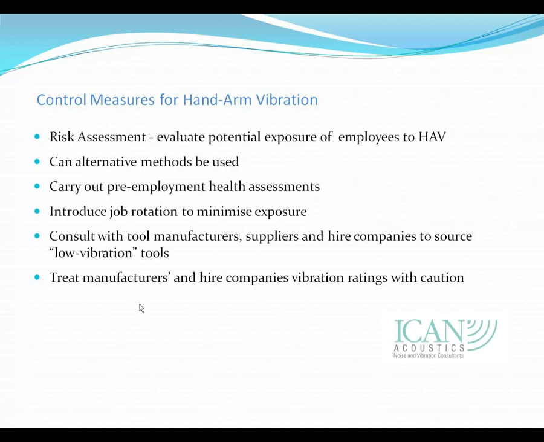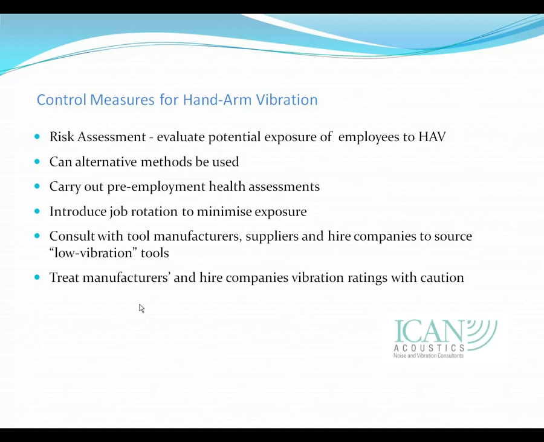This is an important note. You need to be careful when you see a machine advertised as a low vibration machine. It's not a classification, but it's something that a manufacturer may advertise. This could be a low vibration of a prior machine that they had.